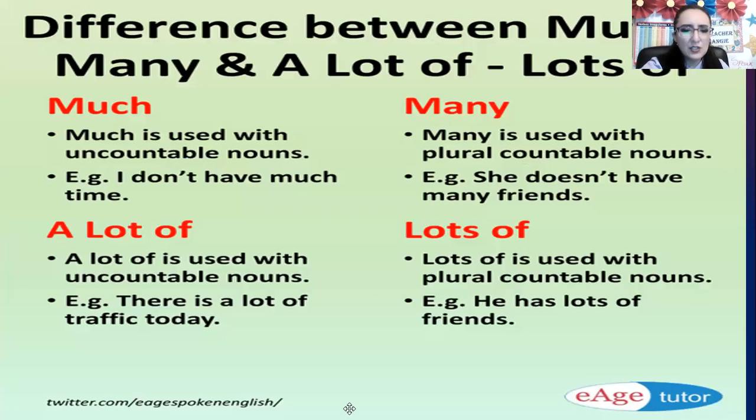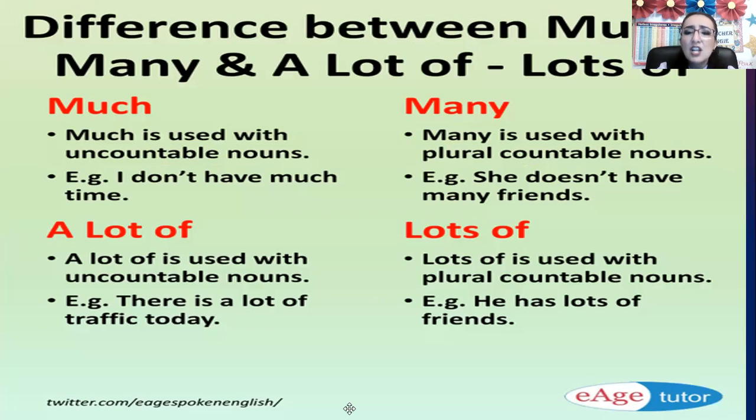So I would like to show you what is the difference between a lot of or lots of. As you know, not much and many, singulars and plurals. A lot of is used with uncountable nouns. There is a lot of traffic today. And sometimes lots of is used with plural countable nouns.